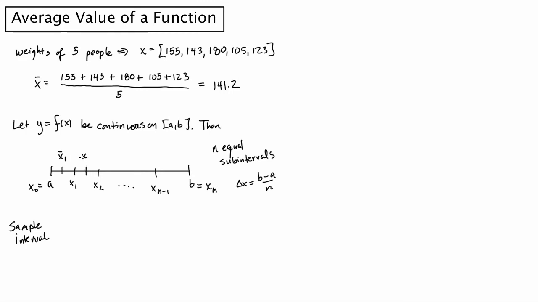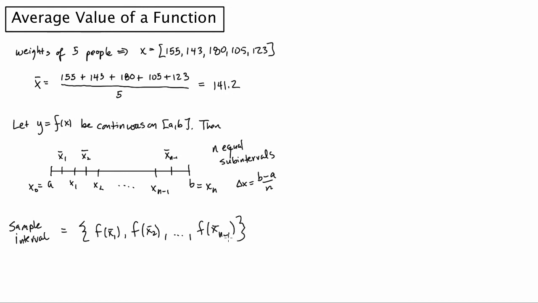Sampling in here, I get an x2 bar. Over here, I get an xn minus 1 bar. All totaled, there are n total samples because there are n total subintervals. Now, I want to take those x values and calculate the function's value at those points, yielding this sample of the value of f on the first subinterval, the value of f on the second subinterval, all the way up to the value of f on the last subinterval.